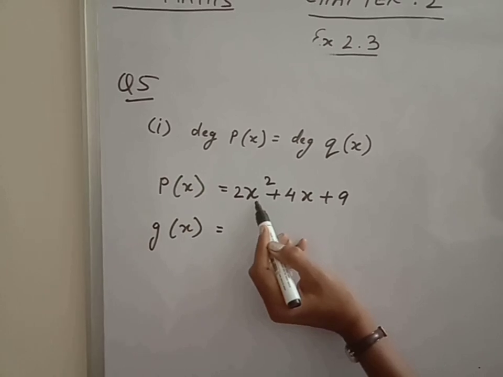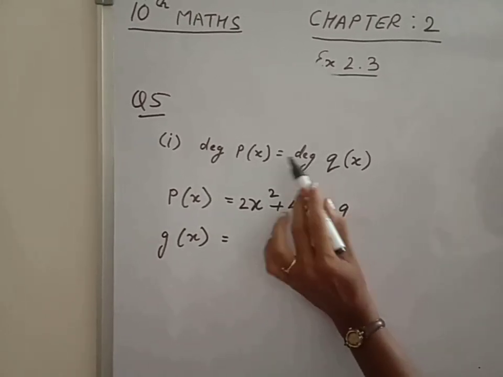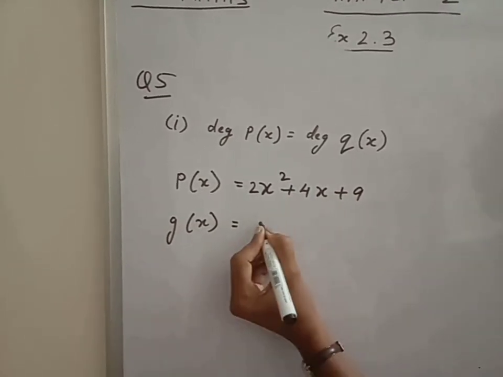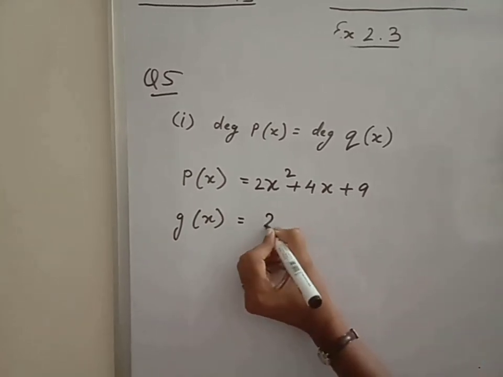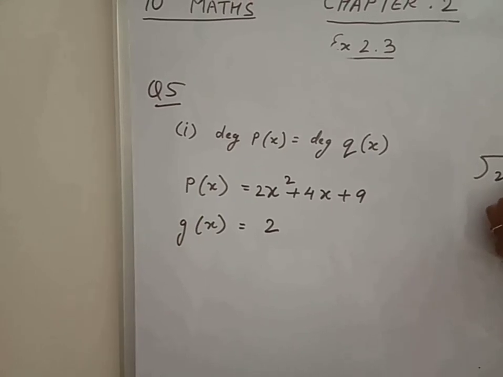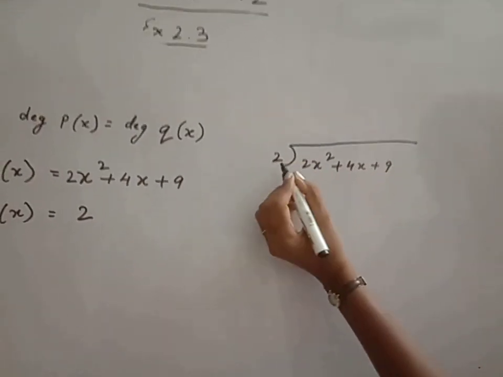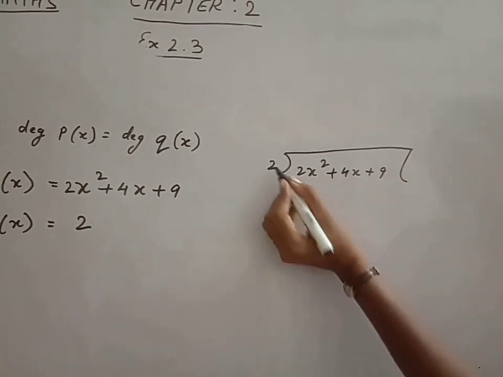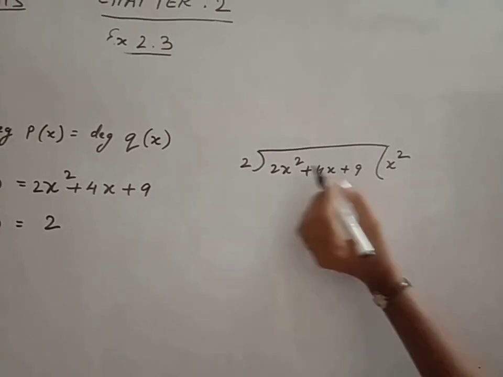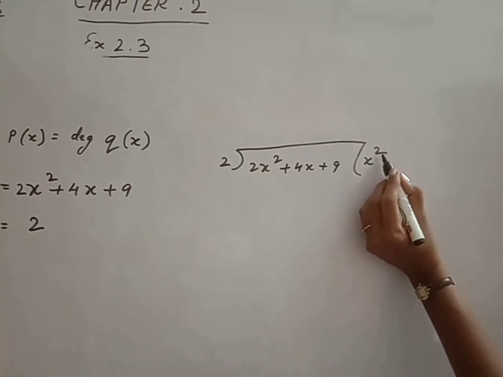But the condition is you have to choose g(x) such that the degree of p(x) and q(x) remains the same. Okay, so let's choose g(x) equal to 2.